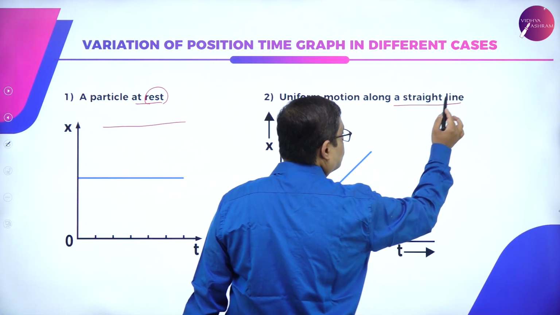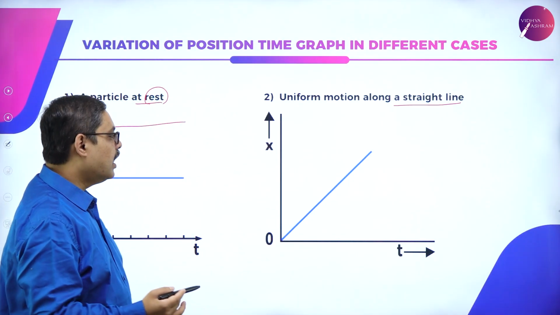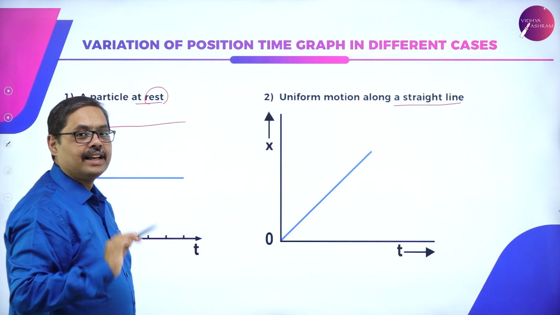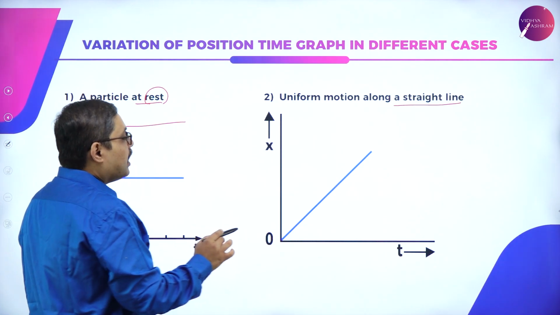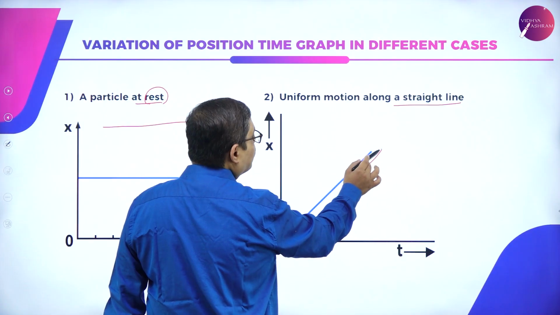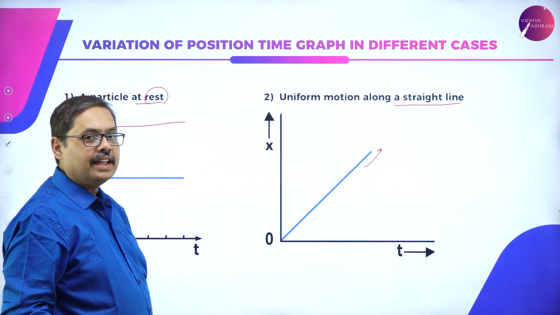If the motion is uniform, constant velocity along a straight line, it is represented by an inclined line. Whenever this is represented by an inclined line which is pointing upwards, you can say that it is positive velocity.